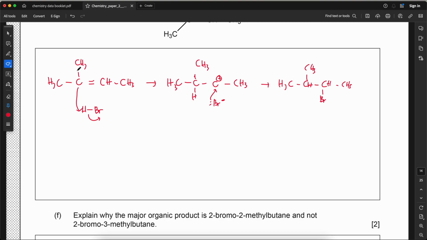So the pair of electrons from the carbon double bond are used, forming a new bond with H, and Br minus forms. The pi bond no longer exists, right? Because it's forming a carbocation intermediate, and Br minus quickly reacts with the carbocation intermediate as a nucleophile, producing the addition product.